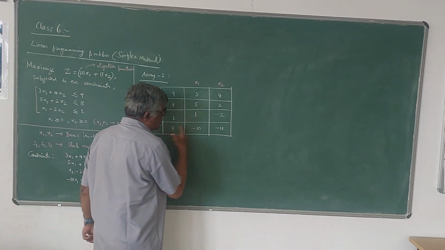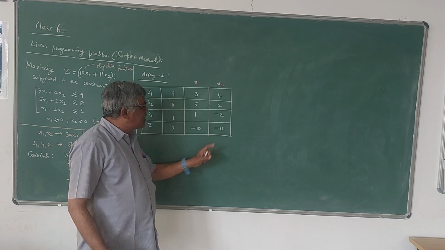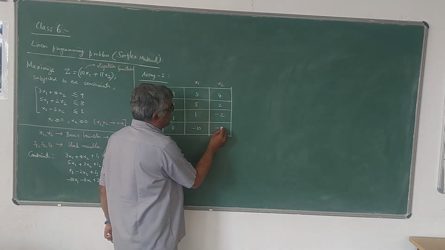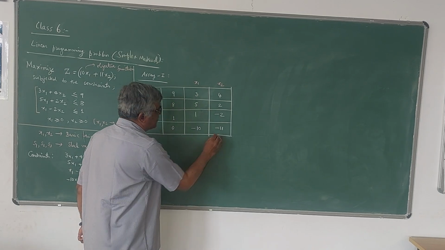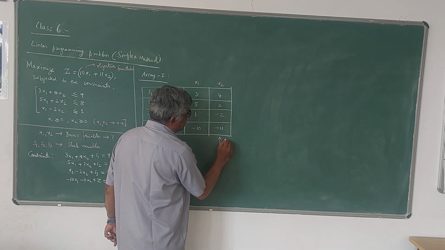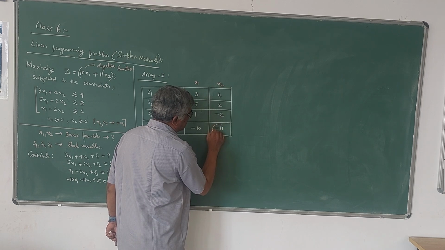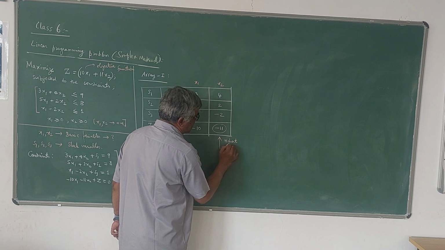Next, you have to look at the last row. In the last row, whichever has the highest negative value: we have −10, 0, −11 there. So −11 is the highest negative value.